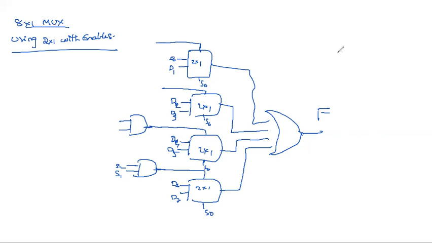Write down this one: S2 S1 0 0, 0 1, 1 0, 1 1, right? 0 0 means this one will be selected. 0 0 means S2 bar S1 bar, right? So put an AND gate with S2 bar S1 bar, and S2 S1 for the others.